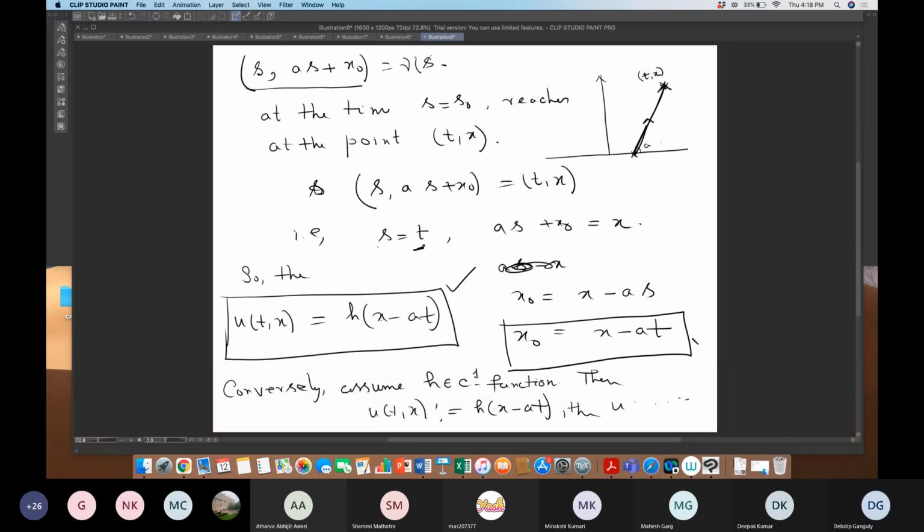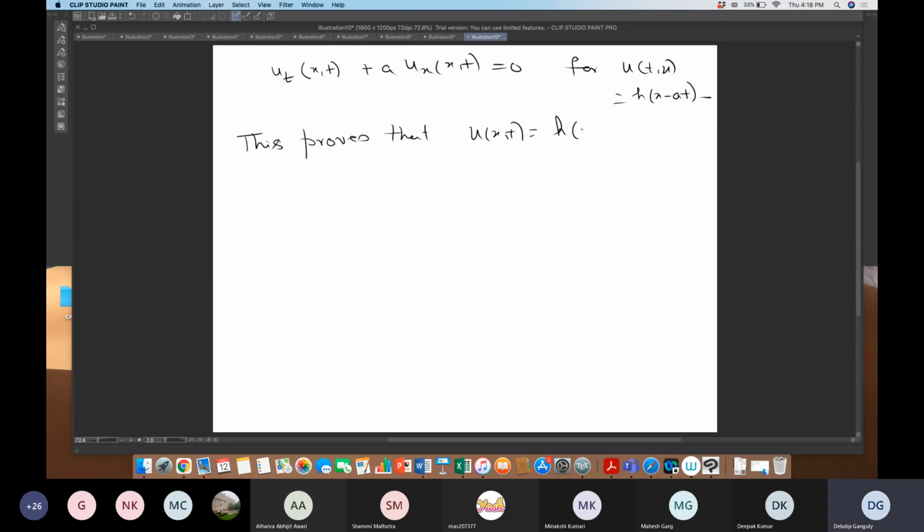With the initial condition u naught of x equal to h of x, it satisfies the boundary condition, and u_t of (x, t) plus a u_x of (x, t) equals 0 for u of (x, t) equal to h of x minus a t. So this proves that u of (x, t) equal to h of x minus a t is a solution to the PDE. Clear?